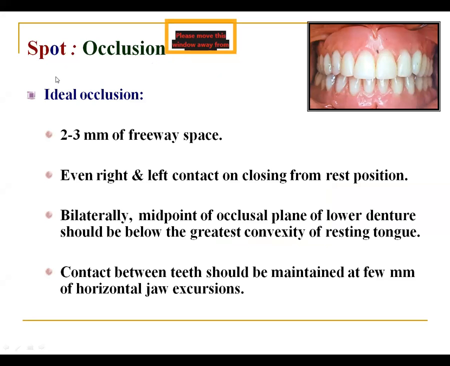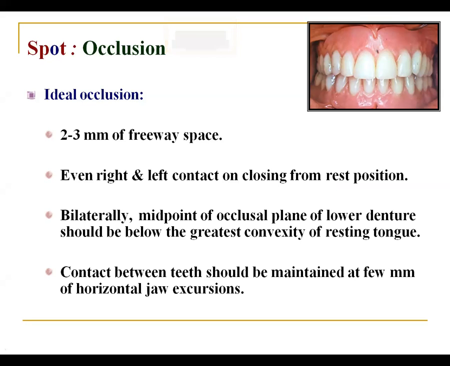So in denture based examination, we have seen support and we have seen periphery. Now we are coming towards occlusion, and later we will see translation. Again, I am clarifying that we are under the denture assessment heading.